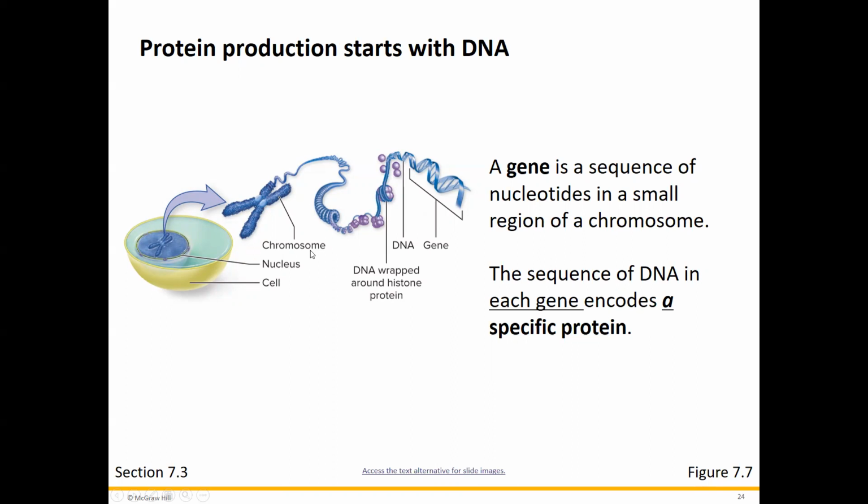We use it quite frequently and casually, but along the length of this DNA, there can be 100 genes. A gene is simply a sequence of nucleotides in a region on the chromosome. So you can look at this and say from this point to this point, all of this material in between, this is one gene.